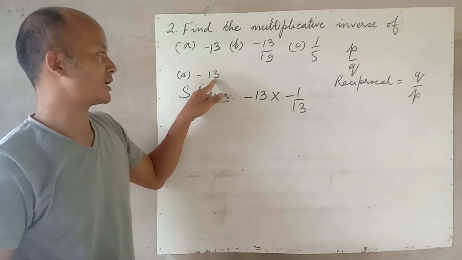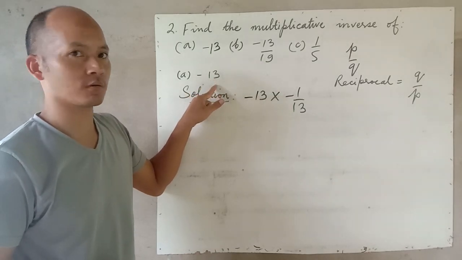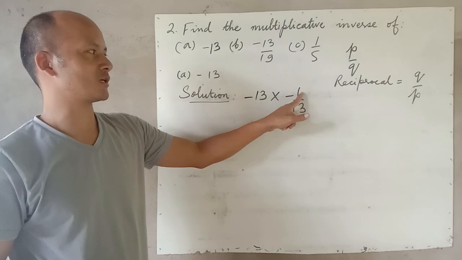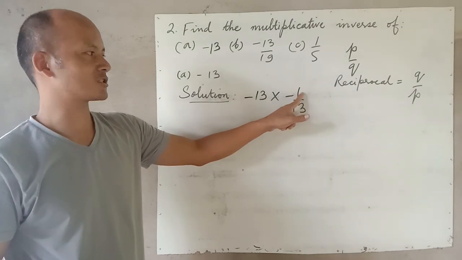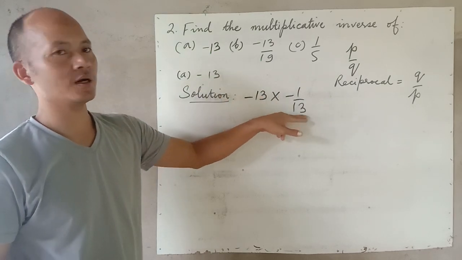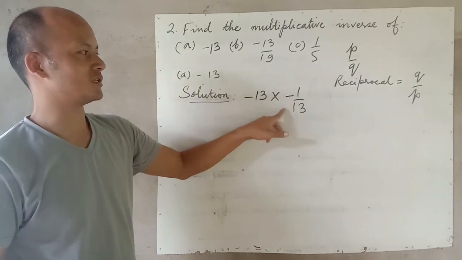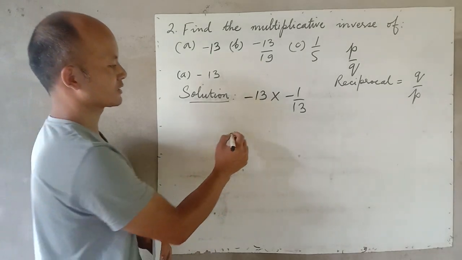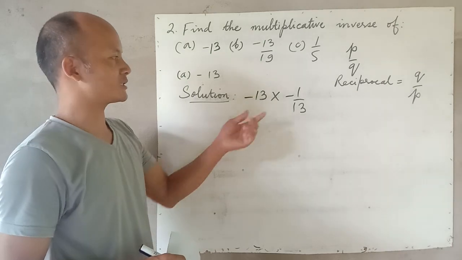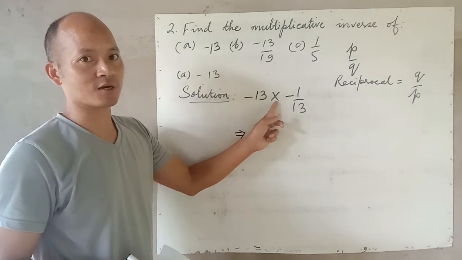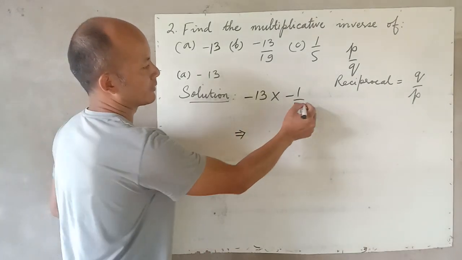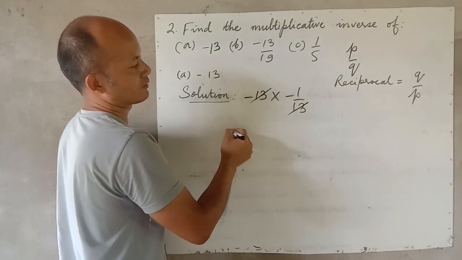The denominator will be on the numerator side in the case of multiplicative inverse, and the numerator will be on the denominator side. This is your multiplicative inverse. So we will prove it: their product, their multiplication, will be 1. Okay, 13 you can cut here, right?